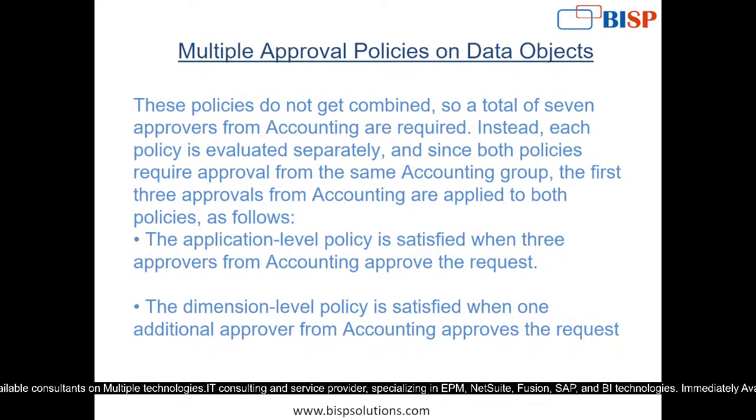So basically they count as 7, but when you approve at the application or at the dimension level, the application level approvals automatically get set off with that, and vice versa. In any case, the additional approval will be required.